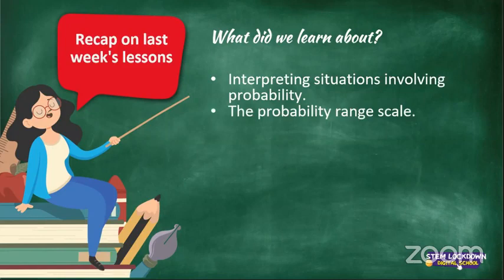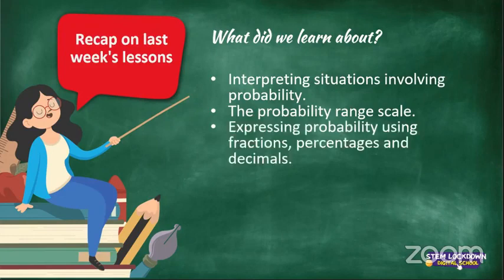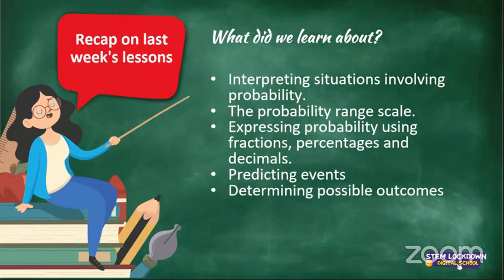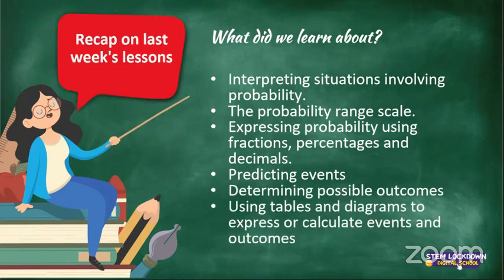You also did the probability range scale, expressing probability using fractions, percentages, and decimals, predicting the outcome of certain events, and determining possible outcomes. And then, like I mentioned, our main focus for the rest of the week will be using tables and diagrams to express or calculate events and outcomes.